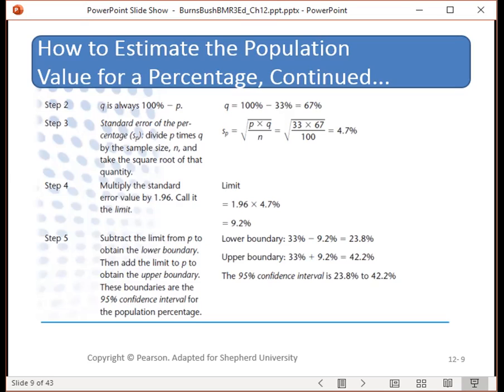Then we multiply that standard error by the Z factor to get our limit. The limit here is 9.2%, 1.96 times 4.7. Our lower boundary is then P, the percentage we found in our sample, minus the limit. That gives us 23.8%. The upper boundary is going to be P, the percentage we found in our sample, plus the limit, or 42.2%.